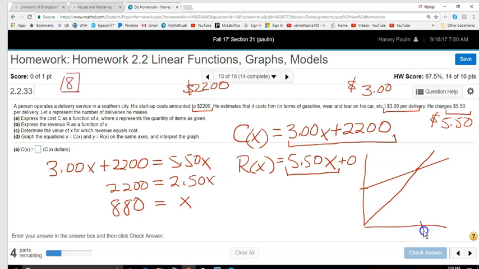Well, we know down here our x value for this is going to be 880, and this over here is 2,200, and we want to see where they're going to intersect, and this would be a representation of the graph.